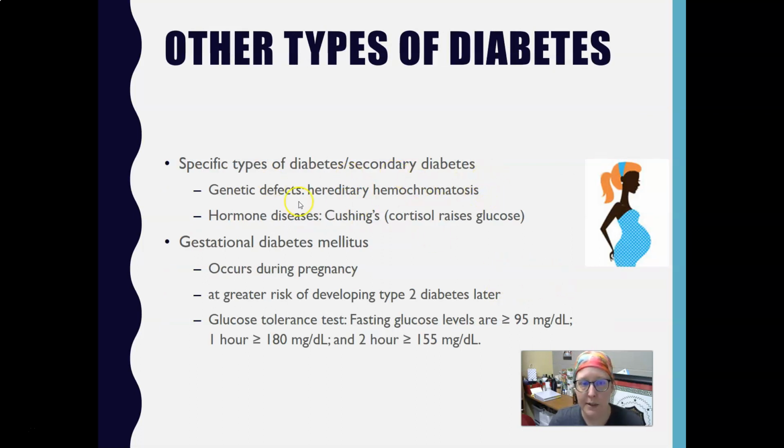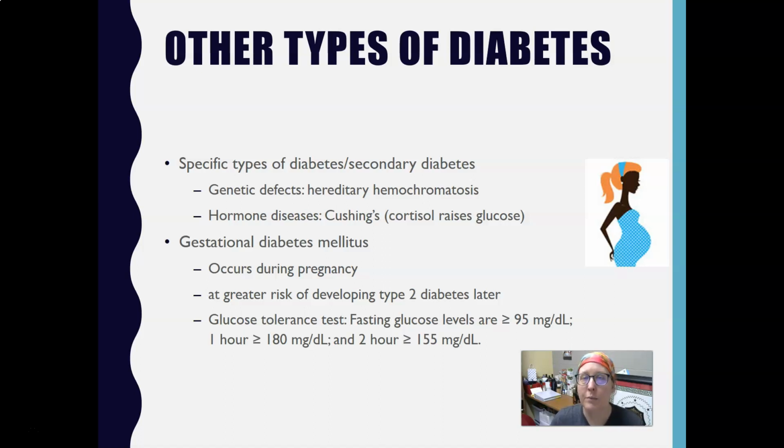Some of them can be secondary. From genetic defects, hereditary hemochromatosis causes damage to the liver and can lead to diabetes. That one has a genetic component that's just different. Hormone diseases like Cushing's, because in Cushing's disease you produce an excess amount of cortisol, and one of the jobs of cortisol is to raise glucose.